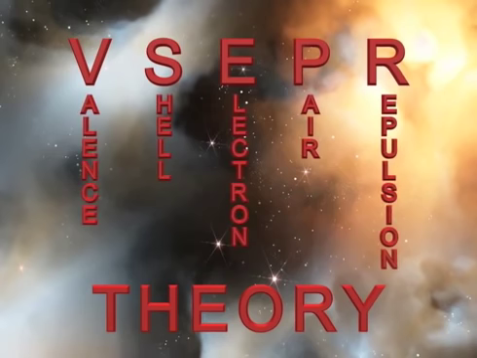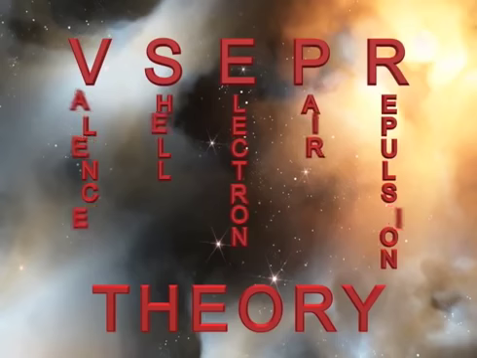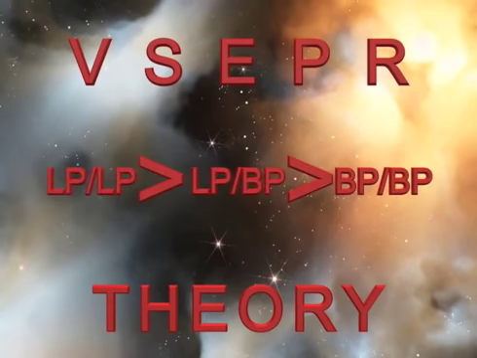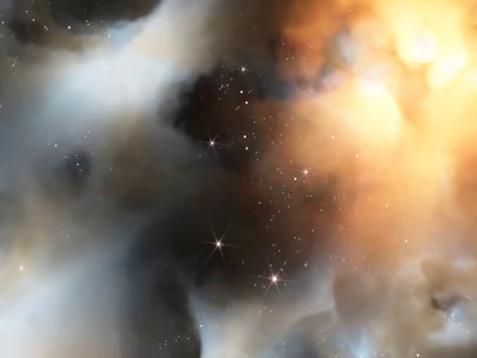VSEPR, valence shell electron pair repulsion theory, allows the chemist to make predictions regarding deviations from ideal bond angles. A general trend that allows predictions from ideal bond angles is lone pair-lone pair interactions are greater than lone pair-bonding pair interactions, which are greater than bonding pair-bonding pair interactions.